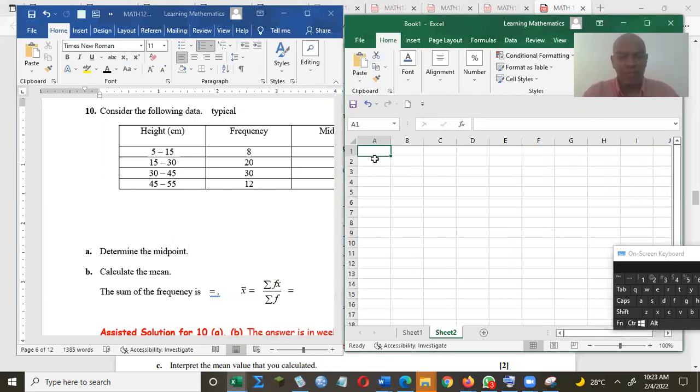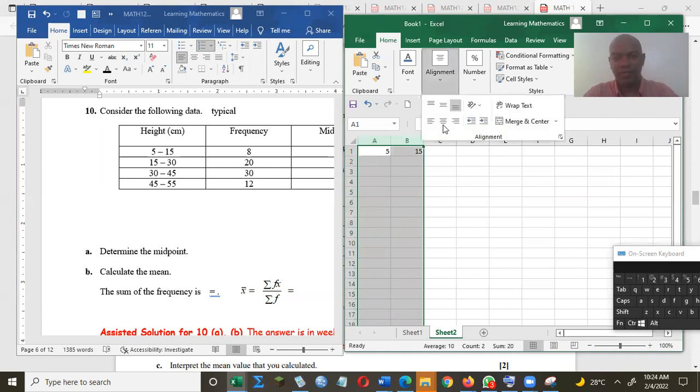Now, in the first column, I'm going to put the lower boundaries. In the second column, I'm going to put the upper boundaries. So the first interval is 5 to 15. If you want, you can centralize this so that it looks a little presentable.